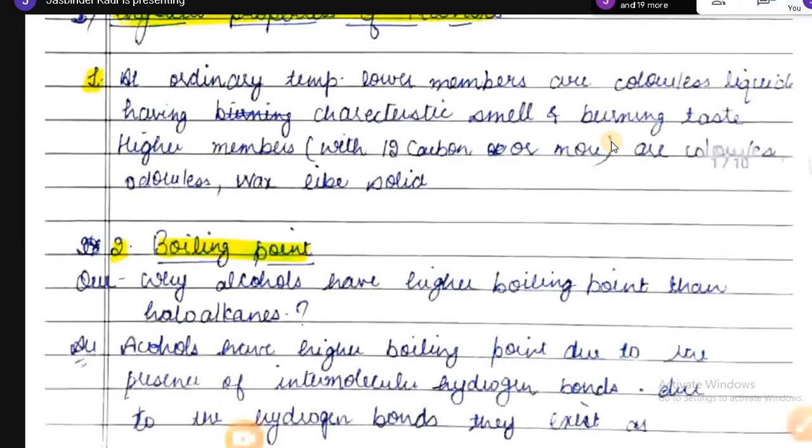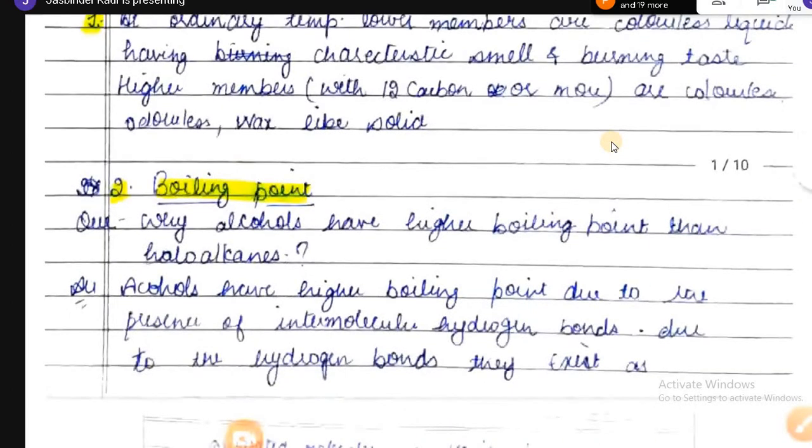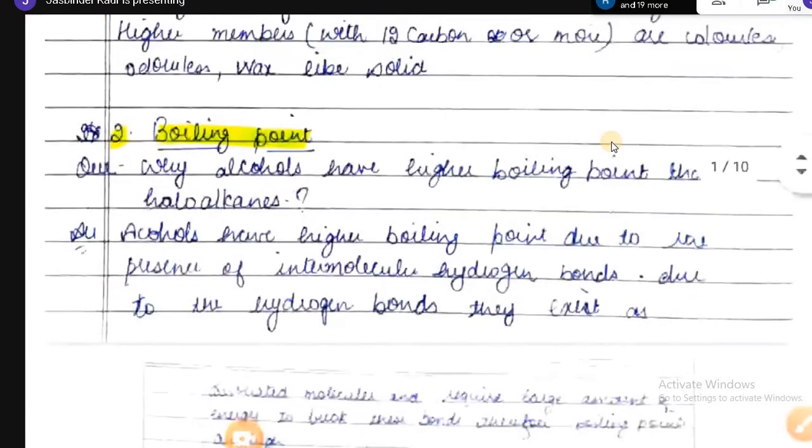We already know alcohols have hydrogen bonding, therefore they have higher boiling points. But the question is, why do alcohols have higher boiling points than haloalkanes? Haloalkanes are also polar, but in alcohols hydrogen bonding is present, therefore they have higher boiling points.